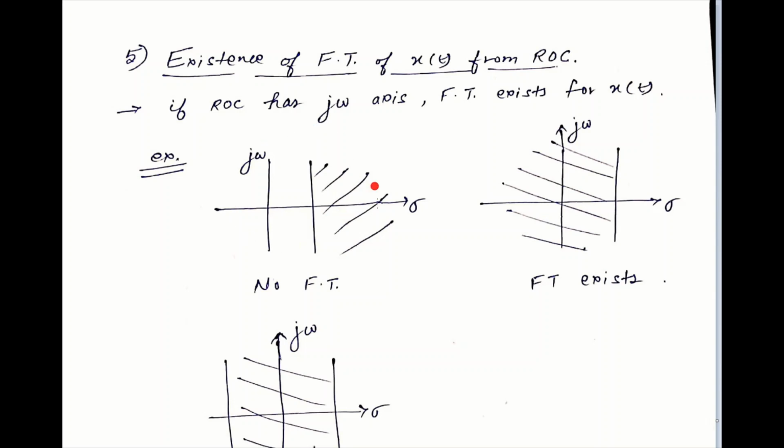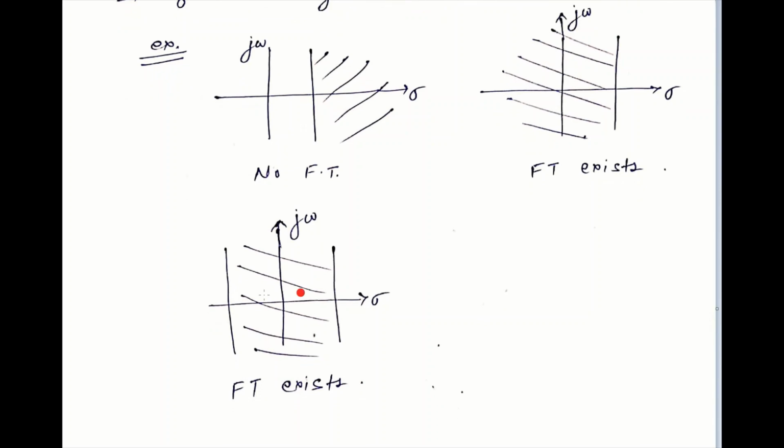Hence the Fourier transform won't exist for this function. Similarly in this case, the ROC has the j omega axis in it, so the Fourier transform exists for this function. And similarly in this case also, the ROC has the j omega axis, and hence its Fourier transform will also exist.